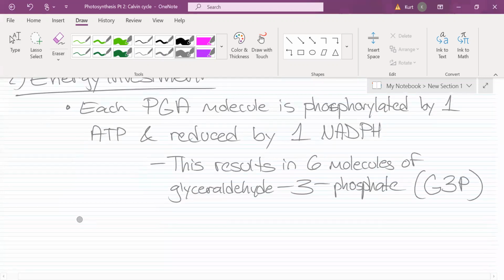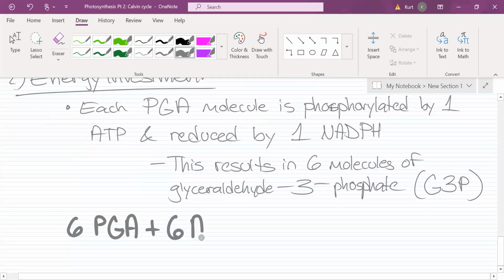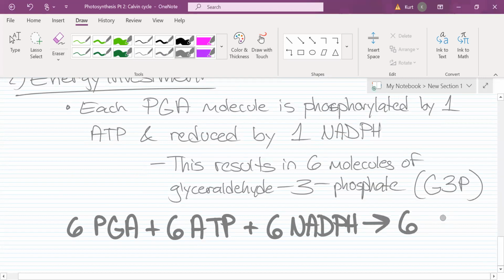So you basically have 6 PGA plus 6 ATP plus 6 NADPH results in 6 molecules of G3P.